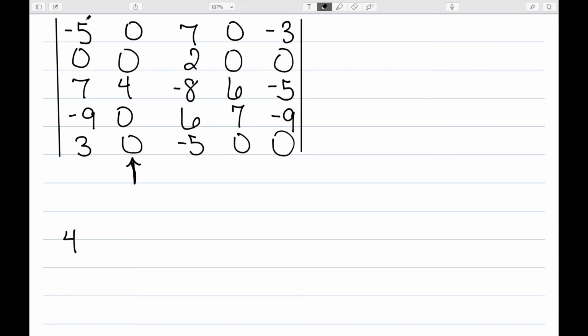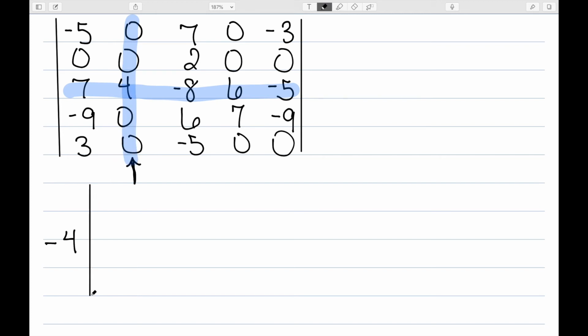Well, when I do my checkerboard pattern, this is a plus, minus, plus, minus, so this would be in a -4 position. We then need to delete that row and that column, and we want the determinant of what's left.